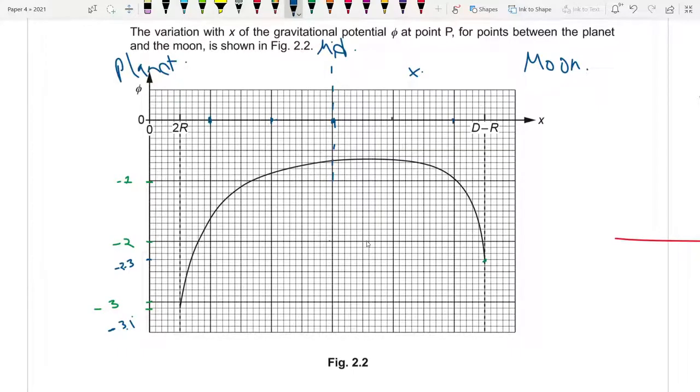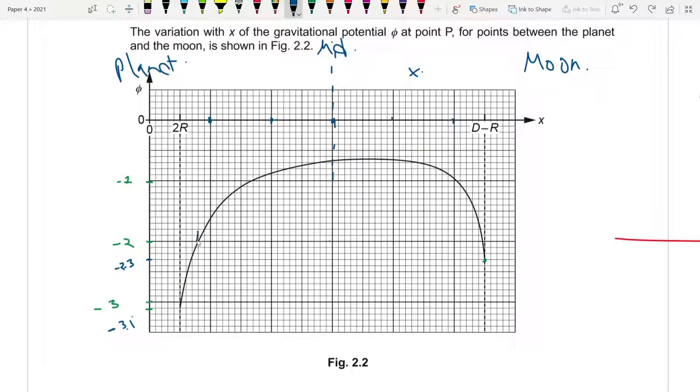Next, what else? Let's look at the potential gradient or the field strength. Look at the tangent. The tangent is steeper for the planet, right? So the potential gradient at the surface of the planet, wait, for the moon, it's actually steeper for the moon. My bad. Check the tangent.